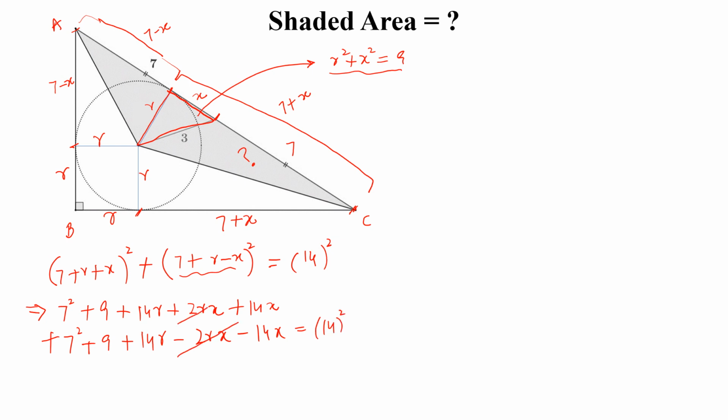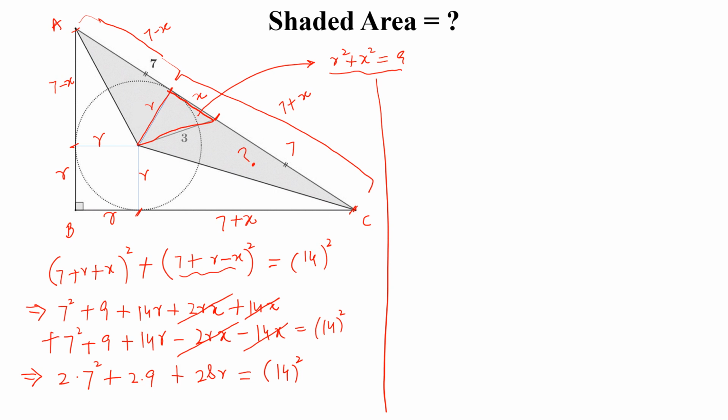Now this term and this term are cancelled. Similarly, these two terms are cancelled, and if we add, this will be equal to 2 into 7 square plus 2 times 9, plus 28R equal to 14 square.